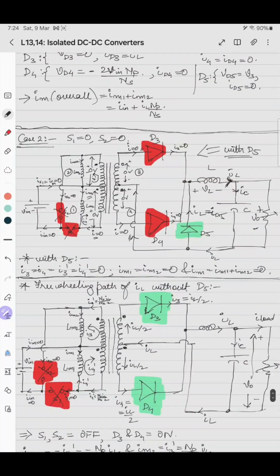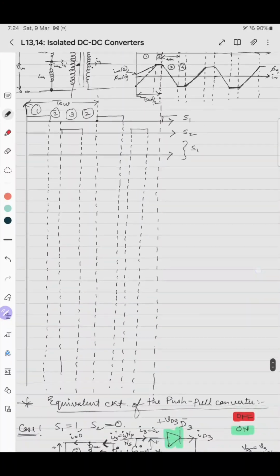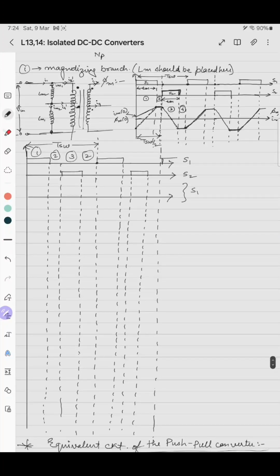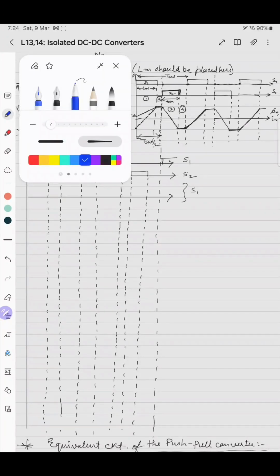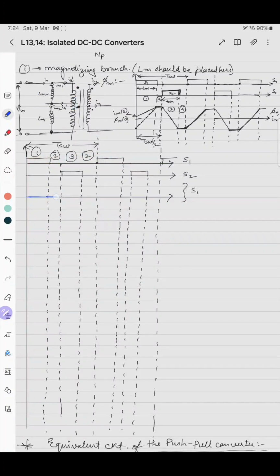So 0, 0 and minus 2 V in. Case 1 is 0, case 2 is 0 and minus 2 V in. Again 0, 0, minus 2 V in, 0, 0. So this is minus 2 V in. This waveform belongs to VS1.